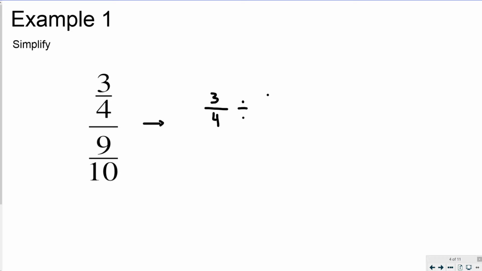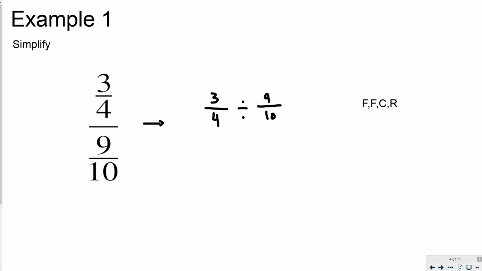That is what it means to be a complex fraction. And then, after I do that, here's where my F, C, R kicks in. I'm going to flip, factor, cancel, and rewrite everything that I possibly can.